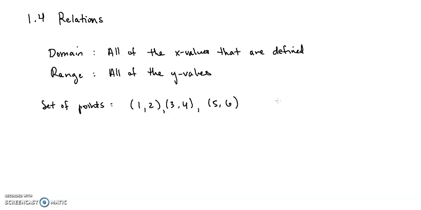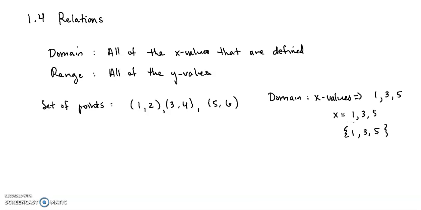Okay, so the domain would be the x values, and so that would be 1, 3, and 5. We could say x equals 1, 3, 5. We could say the set of numbers 1, 3, 5. These are specific values. 1, 3, and 5 are the answers.